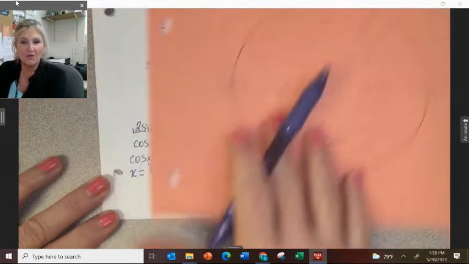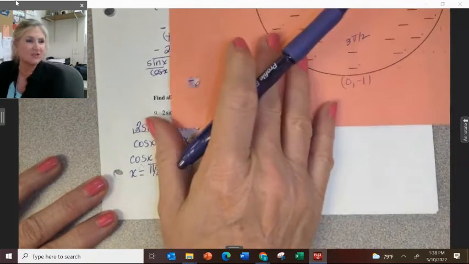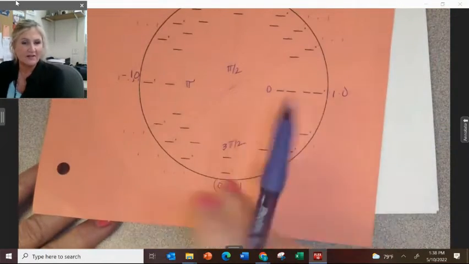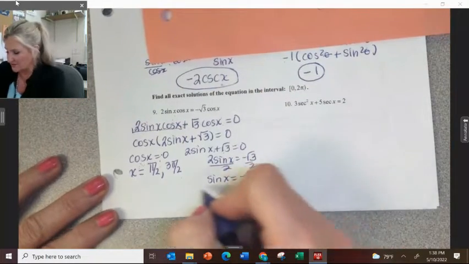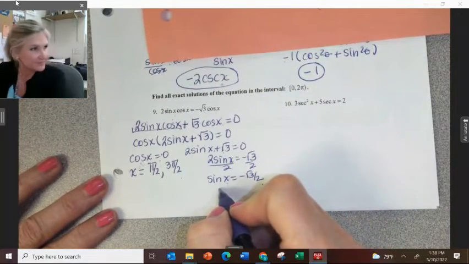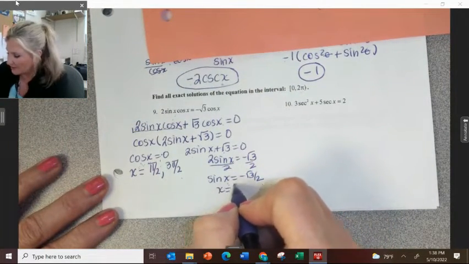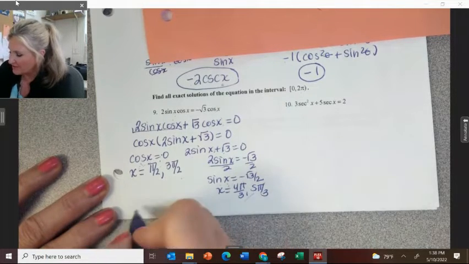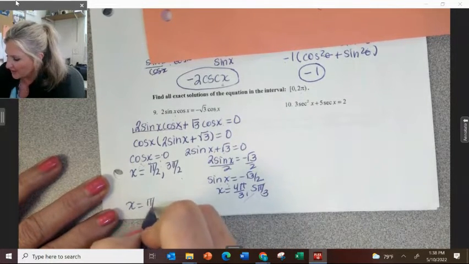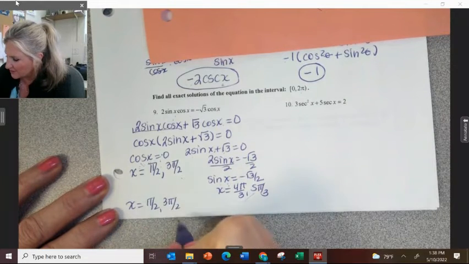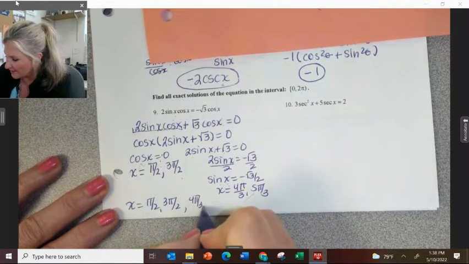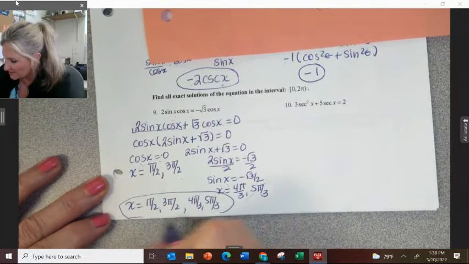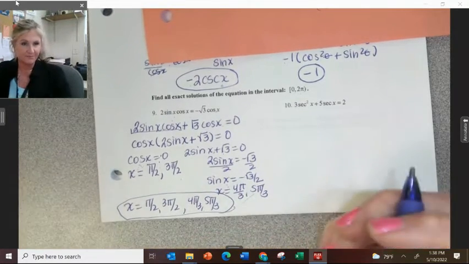Y. So if we want sine to be negative, which quadrants are we going to be looking at? 3 and 4. Did you guys get the angles? What they should be? 4 pi over 3 is correct. And 5 pi over 3. So our 4 answers then are pi over 2, 3 pi over 2, 4 pi over 3, and 5 pi over 3. Those are the solutions to this equation.